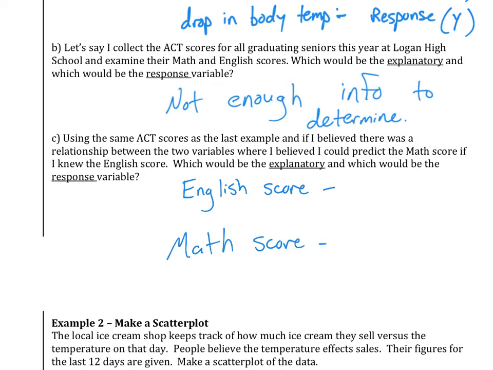The English score can determine the math score. Which one is dependent on the other? If you know the English score, that's what we start with. That will be our explanatory, or the x value. The response variable is like the output, what we're getting. That's the math score. If you know English, we can tell you what math is. So the one you know to start with is explanatory. The one you're going to find out, the one that's dependent, is the response, so the math score.